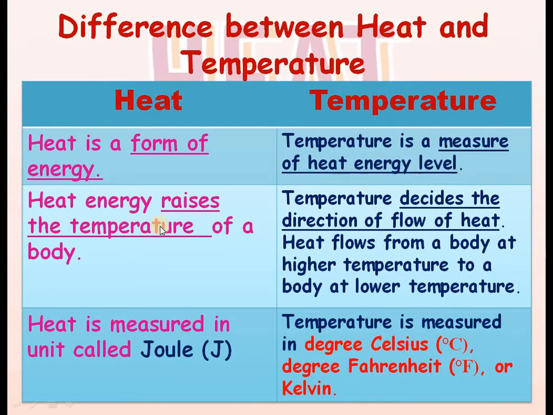Heat energy raises the temperature of a body, whereas temperature decides the direction of flow of heat, which we discussed just now. Heat flows from a body at higher temperature to a body at lower temperature. Heat is measured in a unit called Joule, whereas temperature is measured in degree Celsius, degree Fahrenheit or Kelvin.